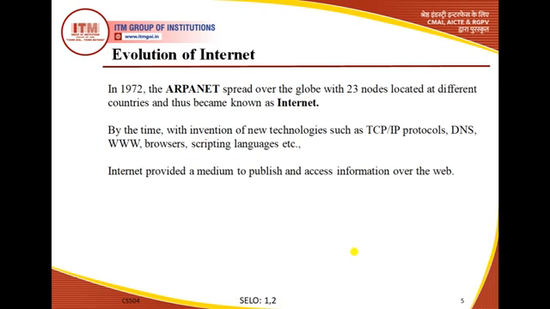So by the time the internet evolved from ARPANET, it parallelly saw several advancements in these protocol areas also, like TCP/IP protocols, DNS protocols, scripting languages, browsers, etc. All these protocols which I have mentioned, we are going to see in our forthcoming chapters which will come in this subject in future.